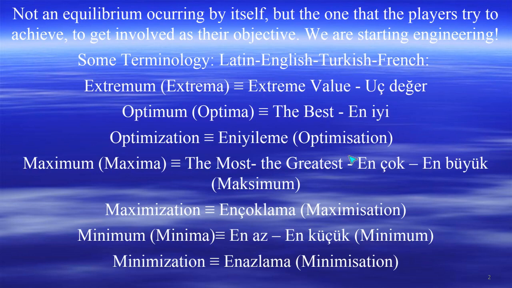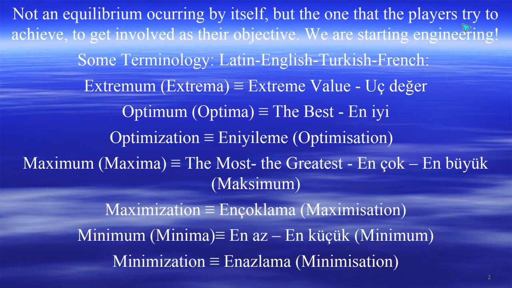So, from now on, we will not be studying an equilibrium occurring by itself, like we did in the previous models, but now we'll start studying an equilibrium that the actors, players, whatever the decision makers, try to achieve as their objective.